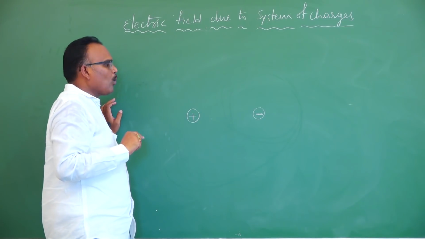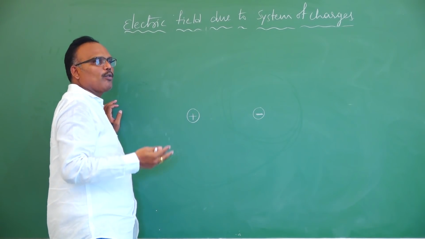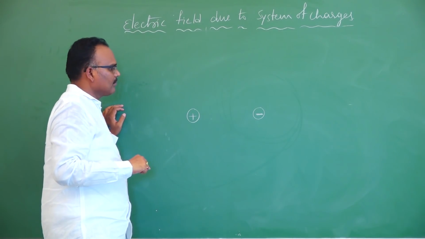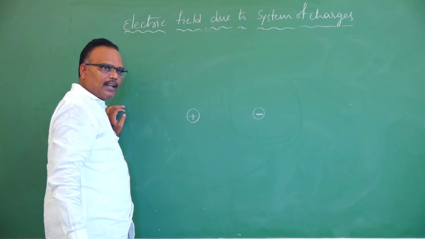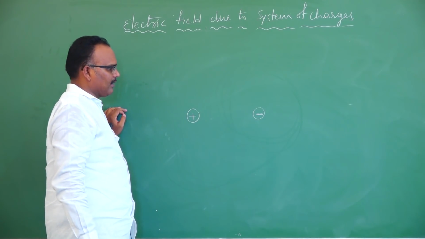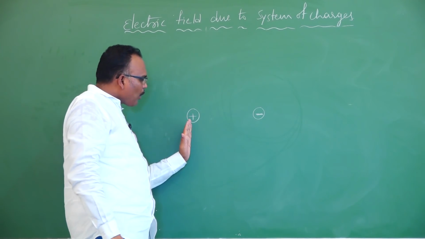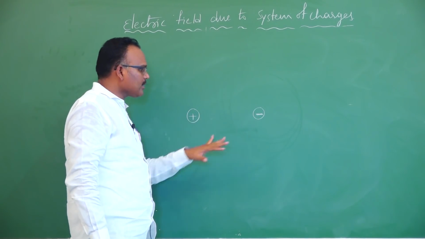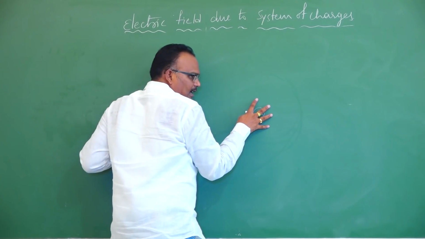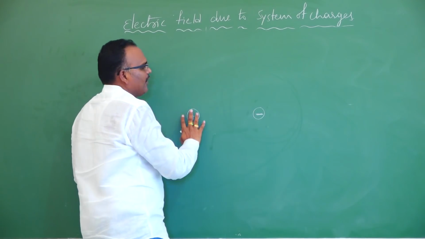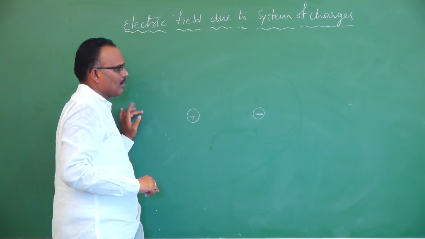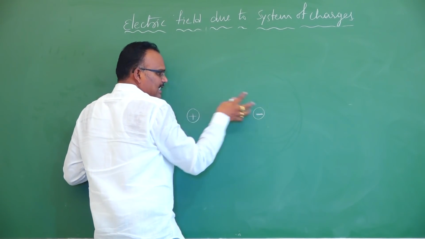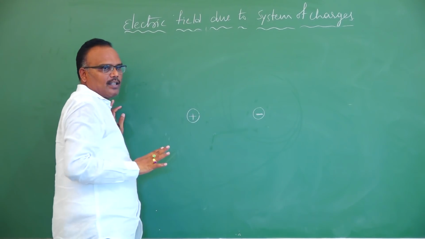Till now we haven't discussed much about what is the reason for repulsion or attraction, but now I will take a chance to explain. Why is this positive charge attracting this negative charge? Because this charge is immersed in the field of positive charge. Similarly, this charge is immersed in the field of negative charge.